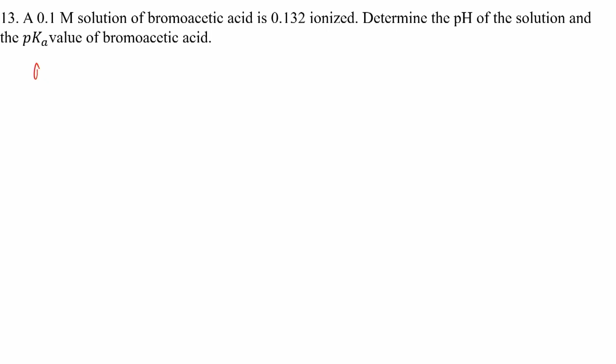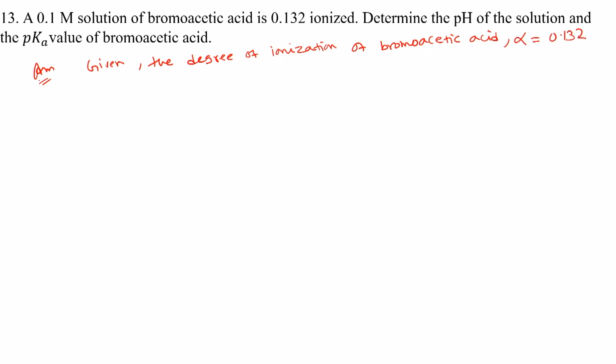So given the degree of ionization of bromoacetic acid, alpha is 0.132, right.